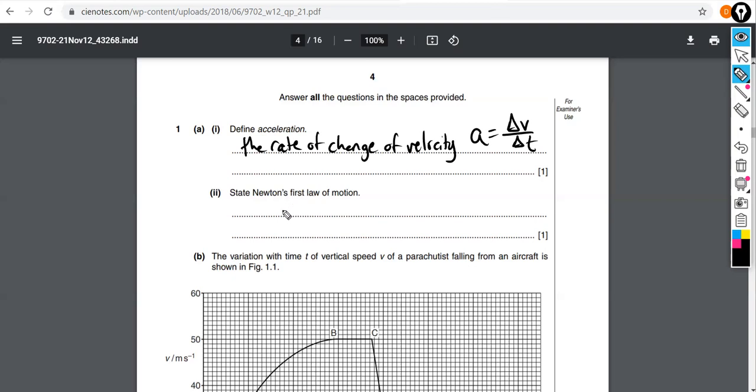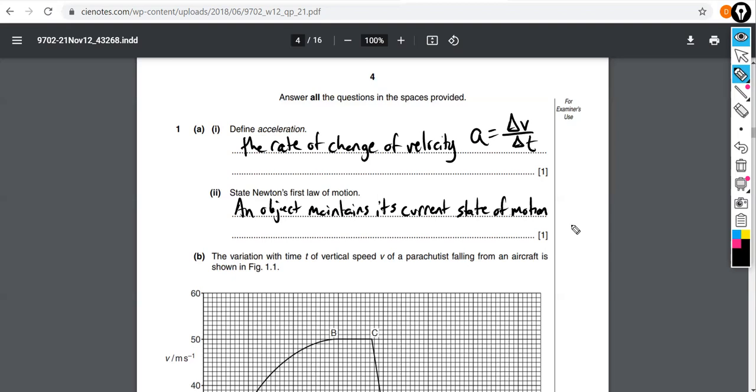So let's try to put that down in a nice, concise fashion on these two lines right here. I would say an object maintains its current state of motion. And you could open up parentheses and say, if it's at rest, it will remain at rest. If it's moving at constant velocity, it will remain at constant velocity. Velocity is a good word because it's a vector.